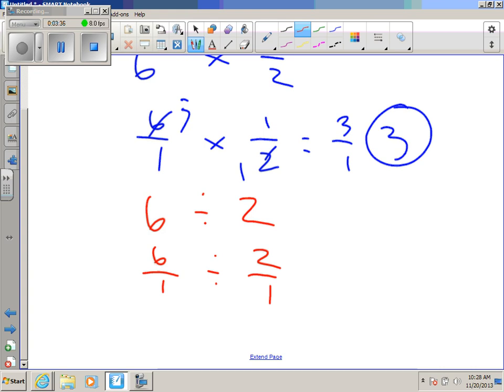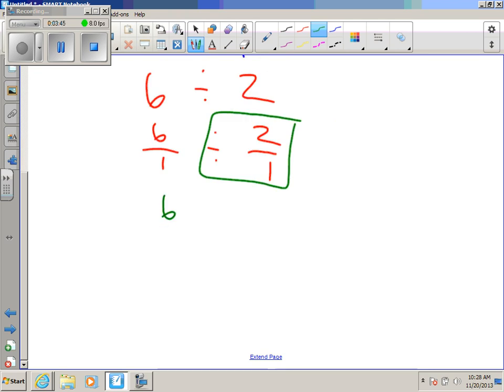Something has to be done with what we are dividing by if it's a fraction. We are going to, what they say, multiply by the reciprocal. The reciprocal of 2 over 1, when it gets flipped, is 1 over 2. So your division sign changes to multiplication, and your fraction that you're dividing by, when you read it out, 6 over 1 divided by 2 over 1, that one gets flipped.